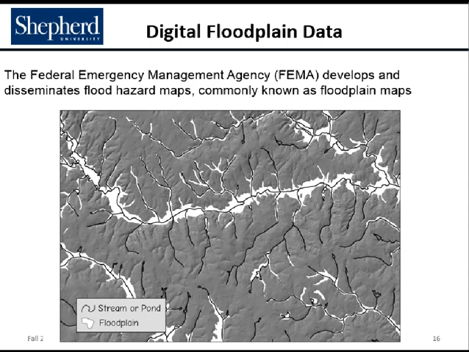These maps locate the boundary areas with a 1% or higher annual chance of flooding, commonly known as 100-year floodplain maps. Floodplain maps are used for a number of purposes, chief among them setting flood insurance rates. Over 19,000 communities participate in the National Flood Insurance Program.